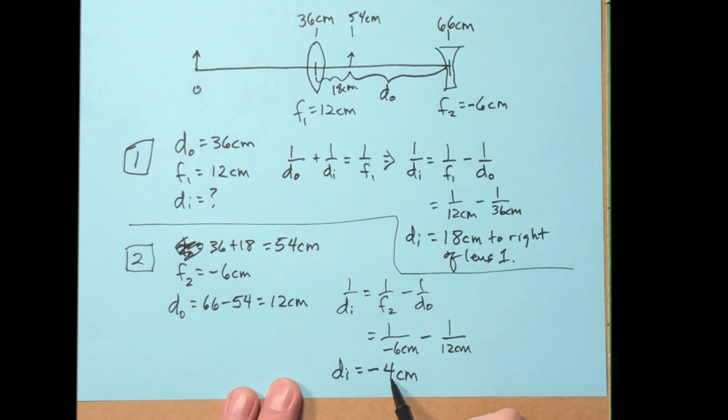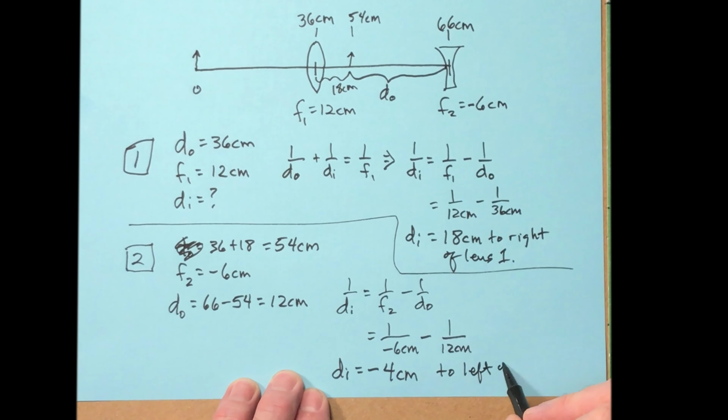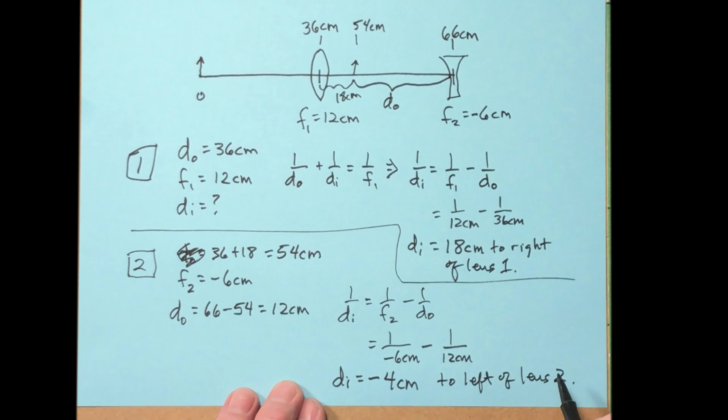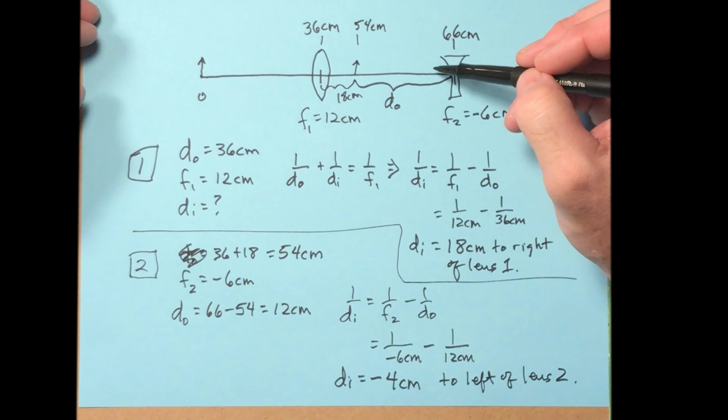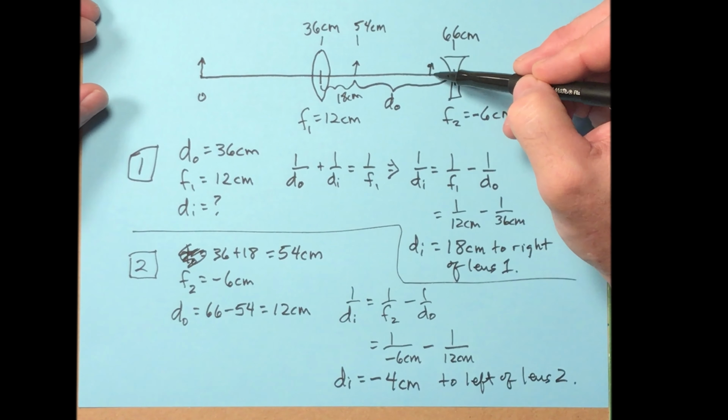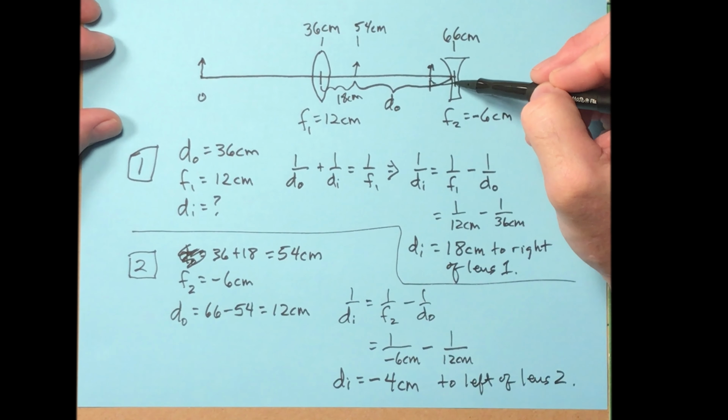Okay, now what does that mean? That means that the final image is to the left of lens 2. All right, so what is the final position then? It's to the left over here 4 centimeters.